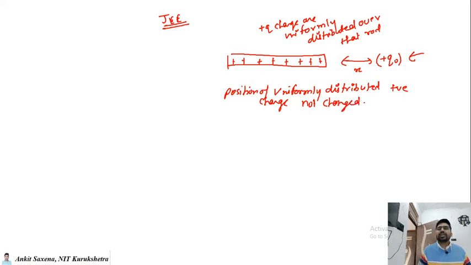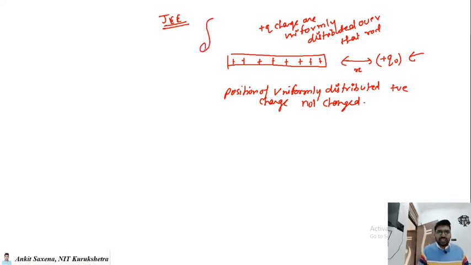So this is given in a question. I am again telling you that if a positive charge is uniformly distributed over a rod, and I place positive q naught charge at a distance of x from this rod, the position of the uniformly distributed charge does not change.